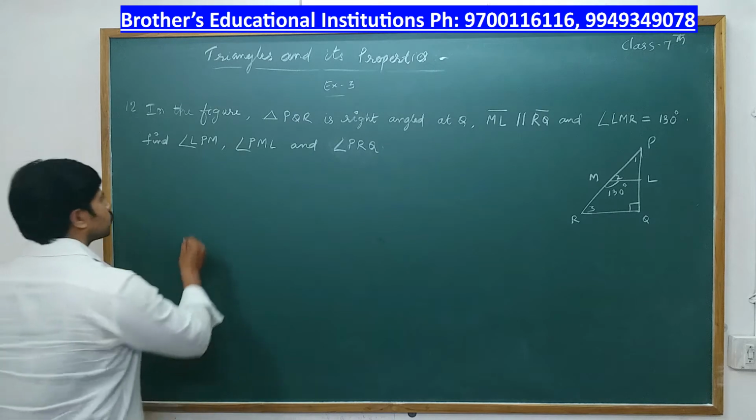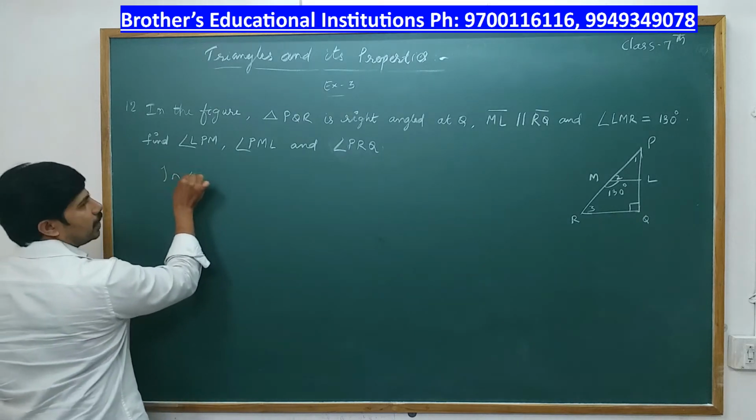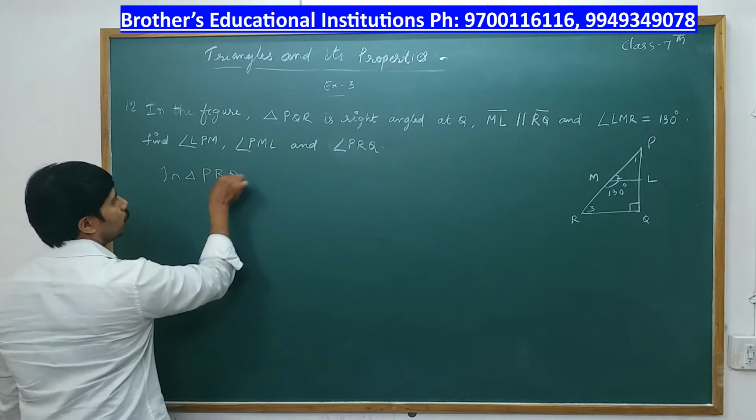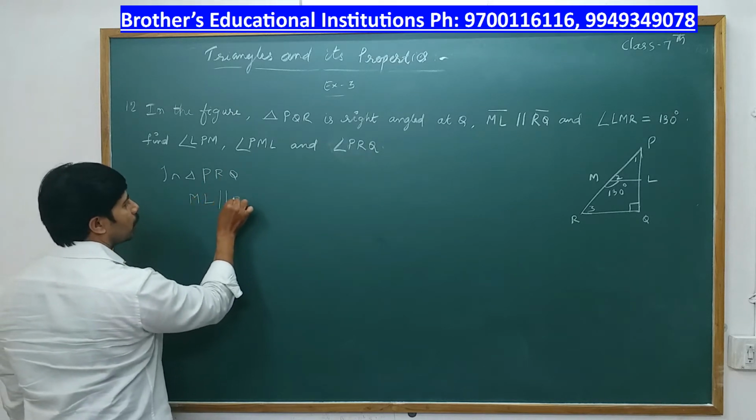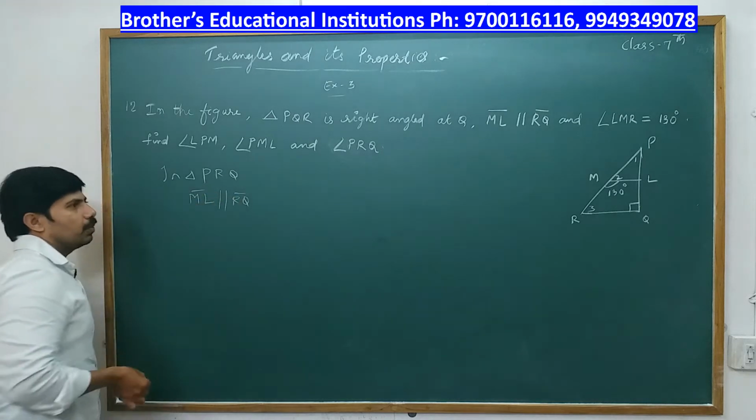So now we write, in triangle PRQ, ML is parallel to RQ.